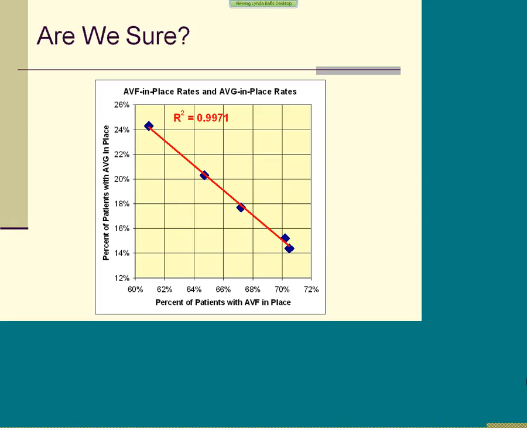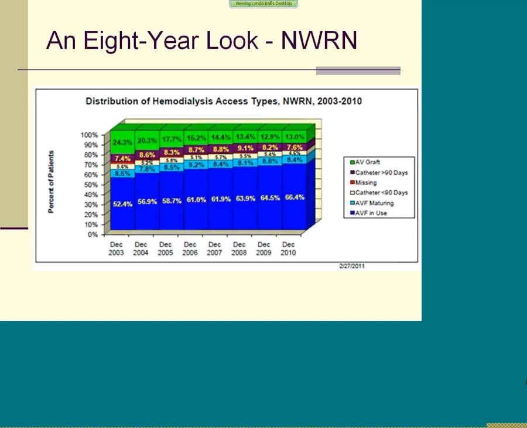And so now let's look at the distribution over 8 years, and the grafts are the bright green on the top. And you can see back in December 03, we had 24.3% of our population in our 5-state network region had grafts. And you can see that we're down to about 13% now. So you can see that as our fistula rates grew over time, our graft rates declined.